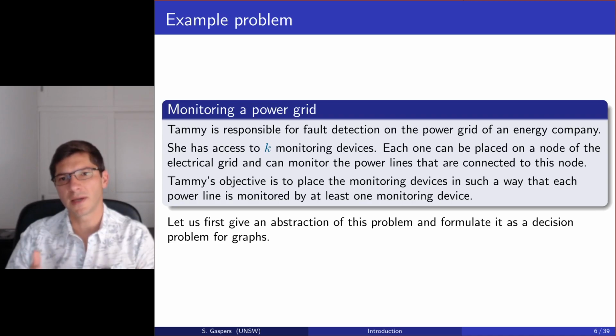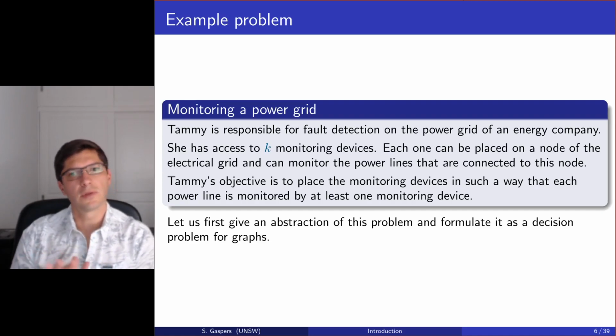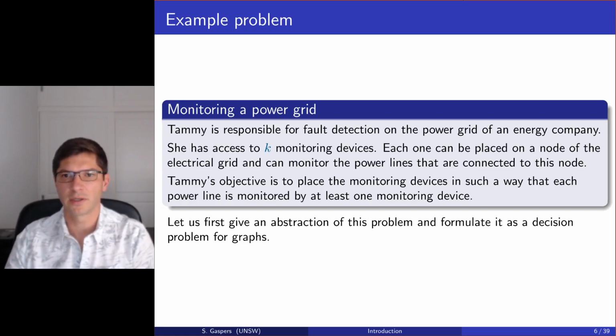Tammy has only K such monitoring devices, and her objective is to place them onto nodes such that every power line in the electrical grid is monitored. The grid might be very large, but she only has K monitoring devices.